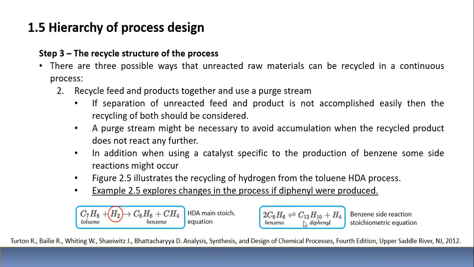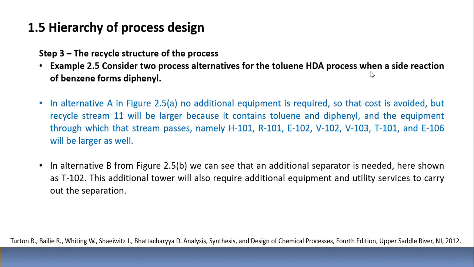Benceno formó difenil. Y queremos ver qué hacemos con el difenil, si lo vamos a retirar, cómo lo retiramos del proceso. Son dos posibles alternativas para cuando se forma difenil.